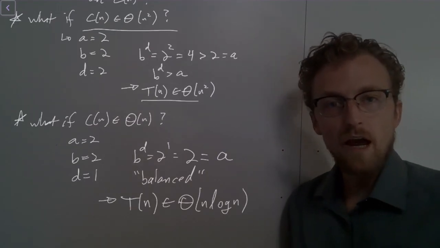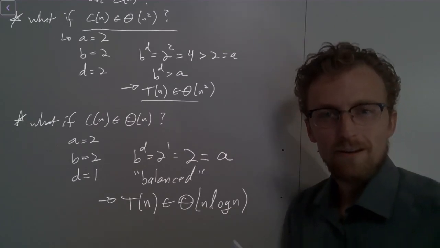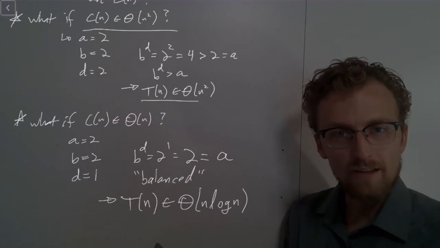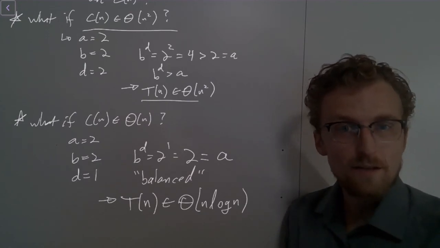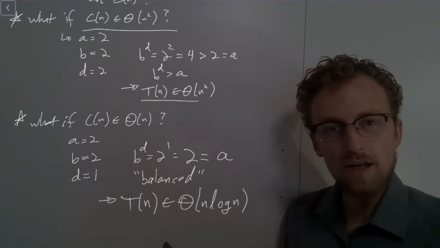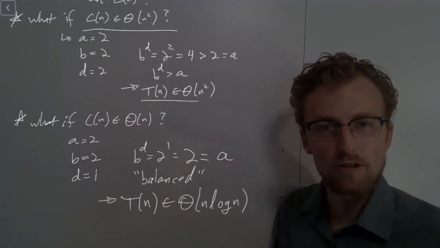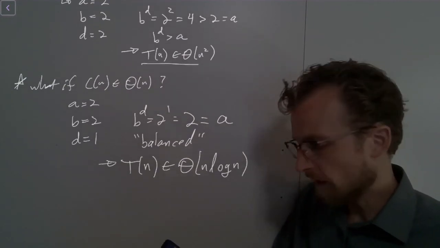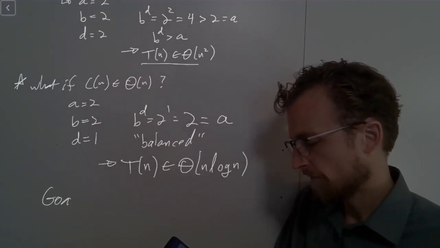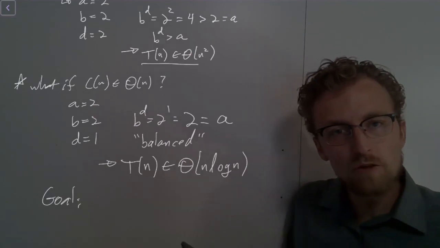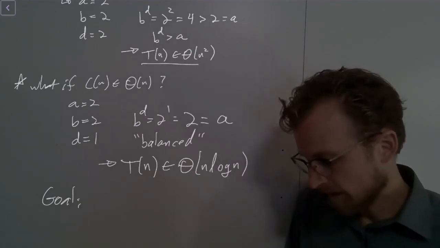Okay, so now we have something to shoot for. Now we can say, let's try to get an n log n complexity and see if we can pull that off by choosing our combine function to have linear complexity. That's for the next set of lectures, that'll be our goal. Can we combine two sorted arrays together in linear time?